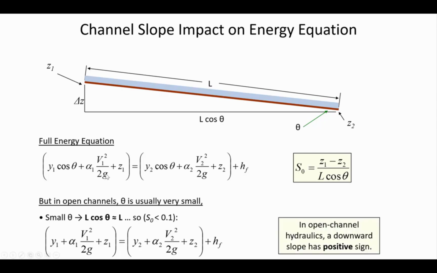Now, one other thing I wanted to mention, the water is flowing downhill, but slopes are expressed with the understanding that we mean downhill. So there's a positive sign associated with the slope. If I tell you it's a 1% slope, that doesn't mean it's 1% uphill.